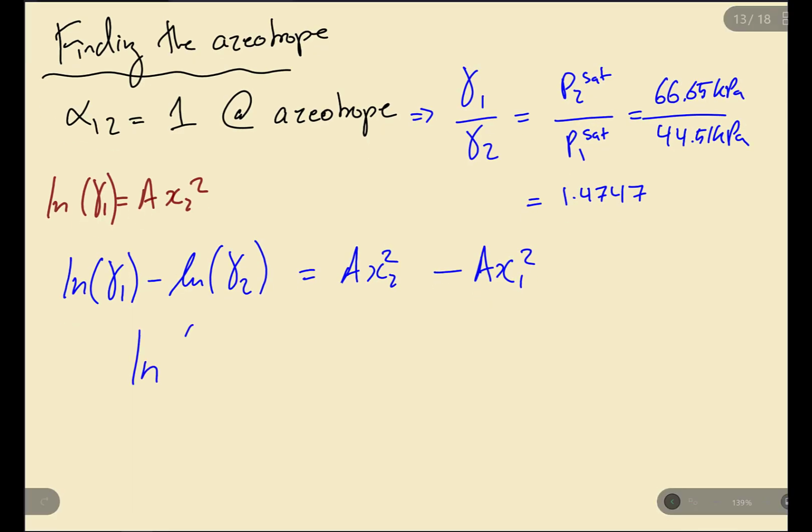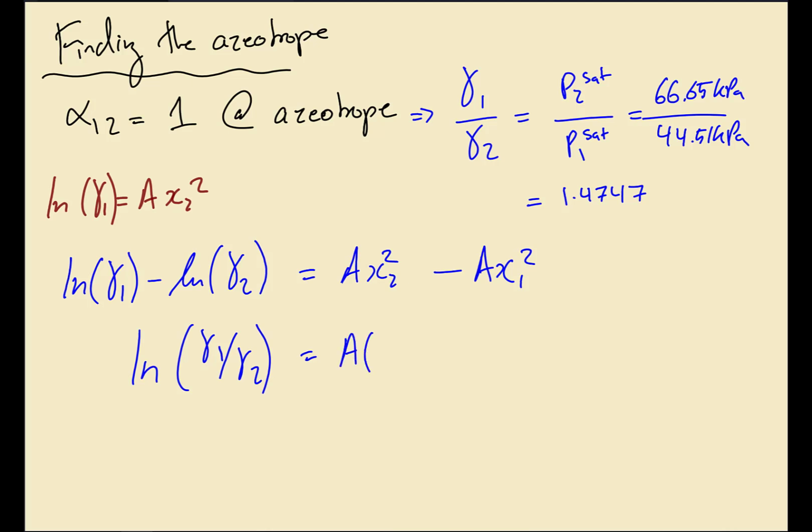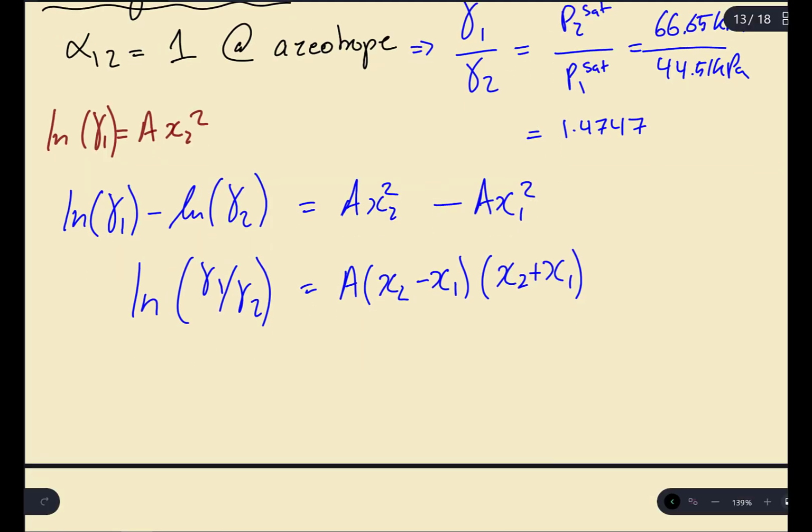So the left side is equivalent to natural log of gamma 1 over gamma 2. And then here, we're going to multiply this out. So we have a times x2 minus x1 times x2 plus x1, by factoring out the a and then doing math. That's the equation. The right side here is equal to 1 because we have two components. We add the two, we get that. And then here, this is equivalent to 1 minus x1.